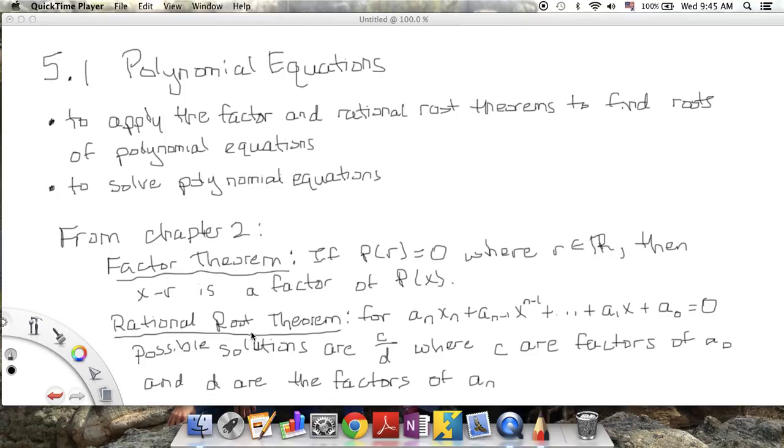And then we also learned a theorem called the rational root theorem, where if we had a polynomial like this, we knew that all our possible solutions were this fraction, c over d, where c was all the factors of our constant, and d was all the factors of our leading coefficient. So hopefully that's review. Make sure you know those. If you have to look back to chapter 2 to make sure you've got those, do so.